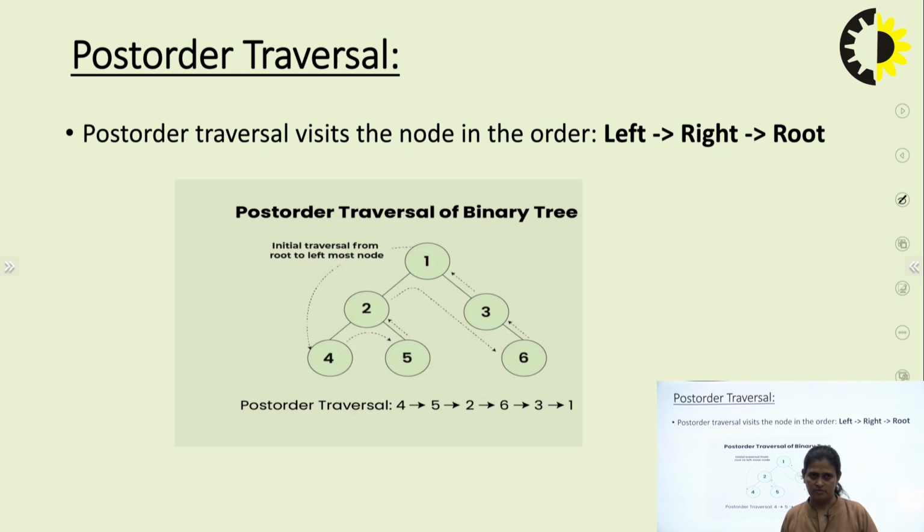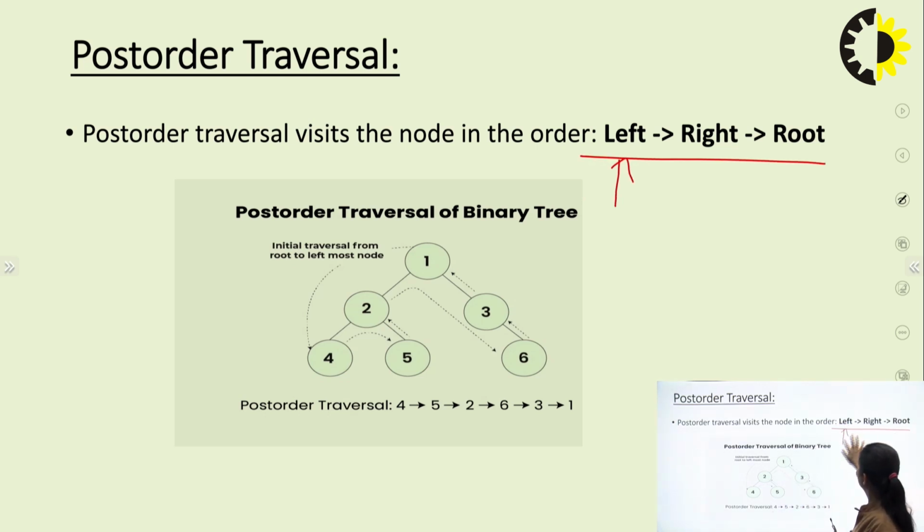Post order traversal. Now, at the last, we explore the post order traversal. In a post order traversal, we visit the nodes in this order: first we process the left subtree, then we process the right subtree, and last we process the root of the tree.